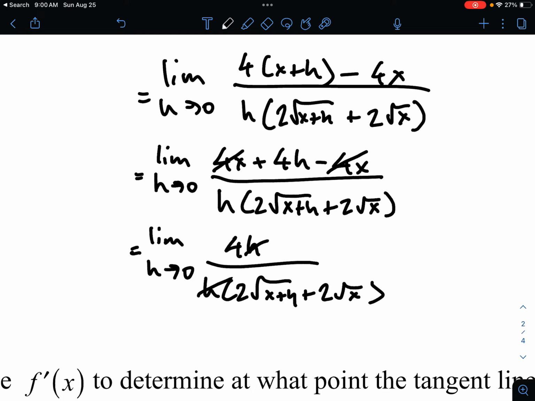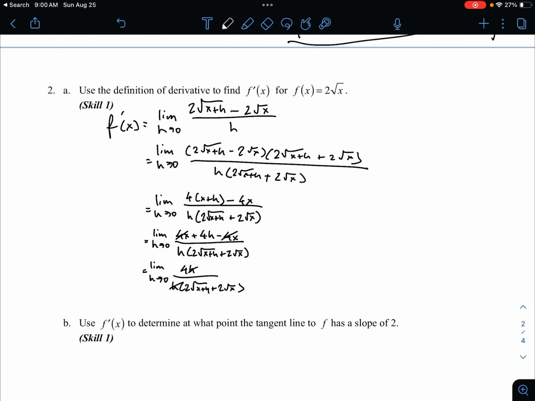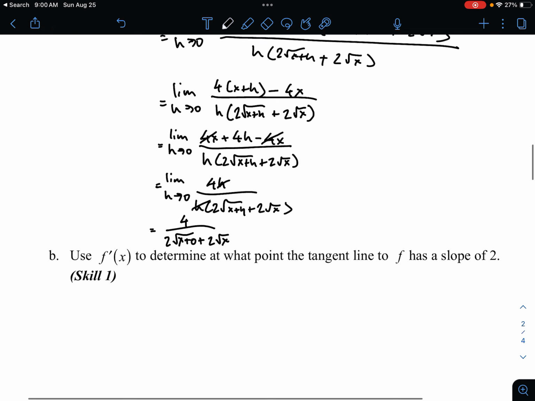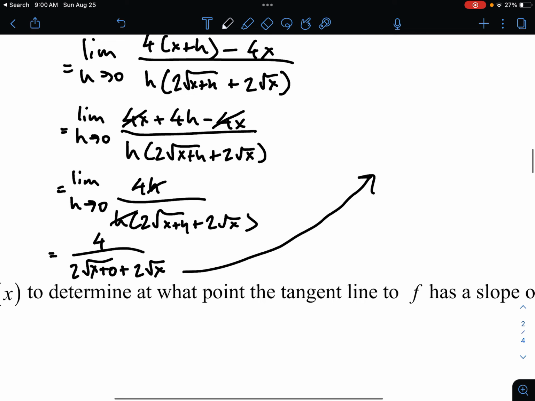The h is dropped, finally. And now you could just plug in the 0. You have 4 over 2 root x plus 0 plus 2 root x. Then if you bring this over here, I'm going to draw a little arrow to let my grader know that I'm moving over here. 4 over 2 is just 2.